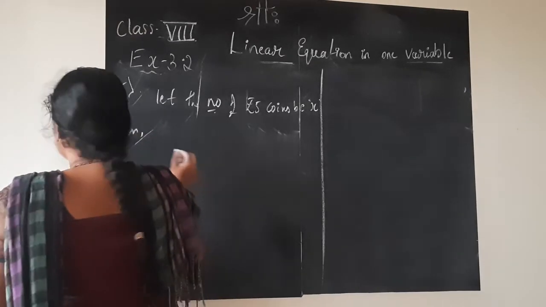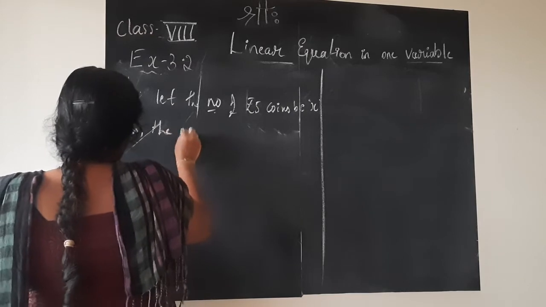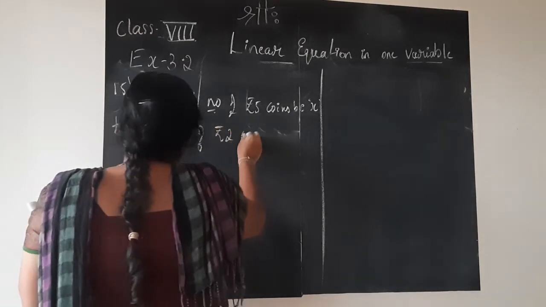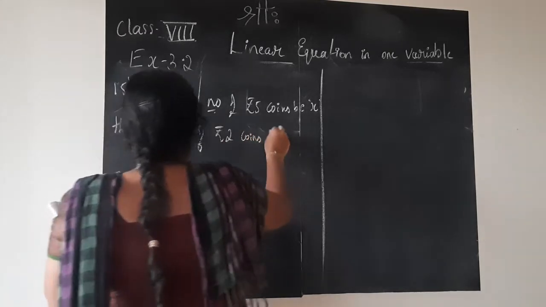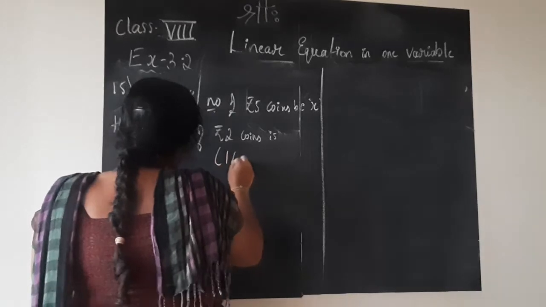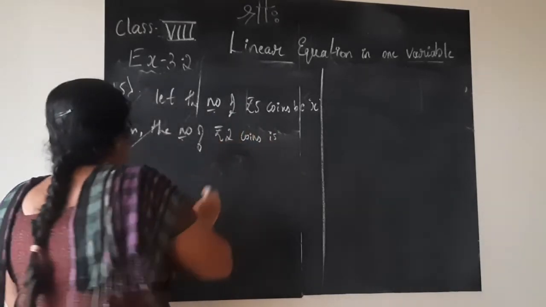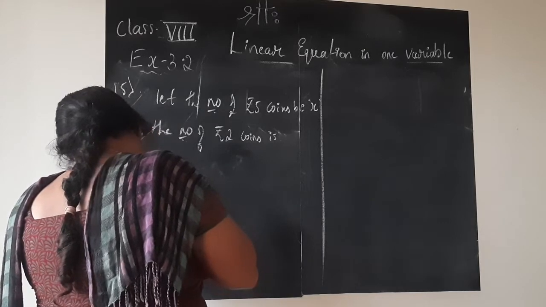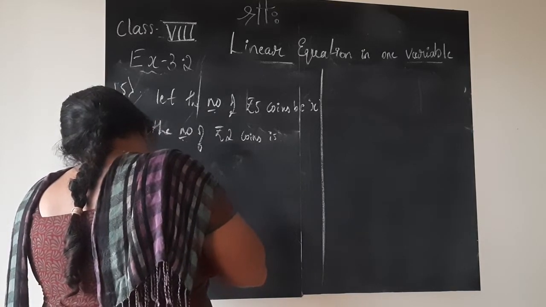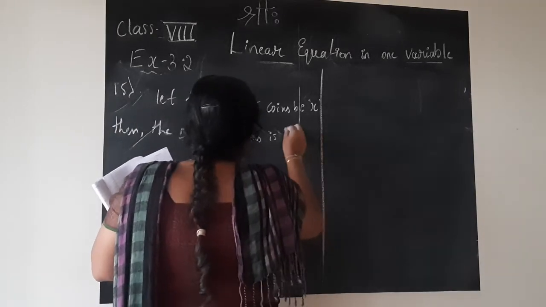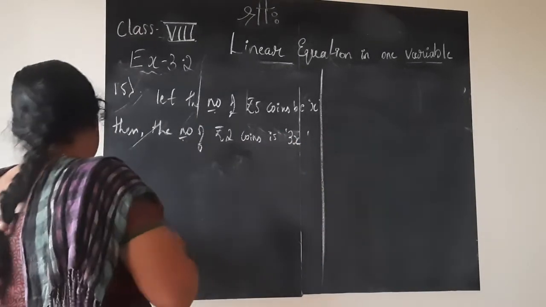Then the number of rupee 2 coins is how many times? 3 times, that is 3x. Correct? Yes, 3x.